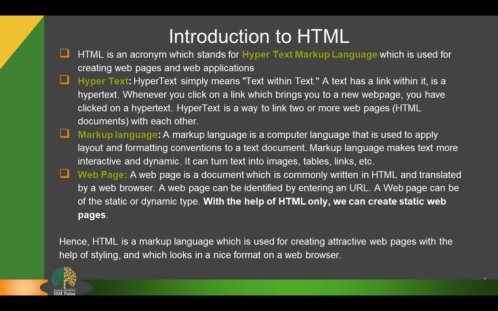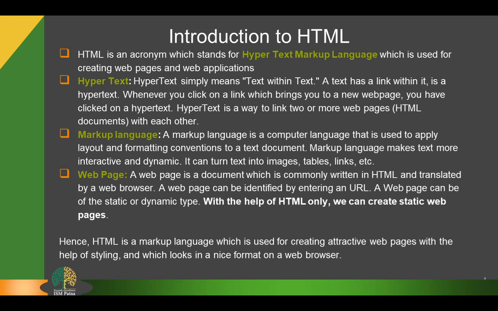So when we design a web page, HTML is not the only platform through which we can develop it. Yes, it is a platform which gives you an idea of how you can create a web document, but if you want to create an attractive and interactive web page, you have to implement CSS and JavaScript both with your HTML.